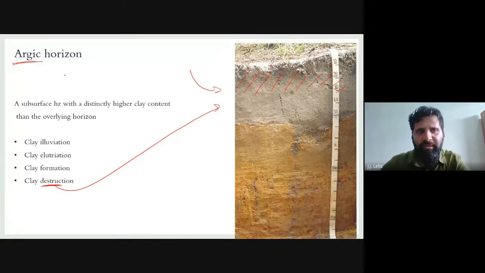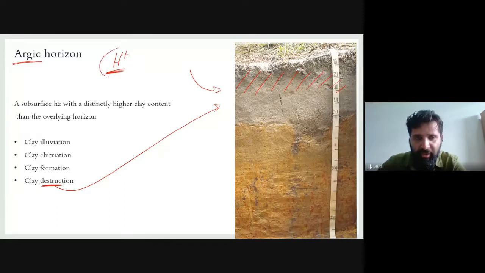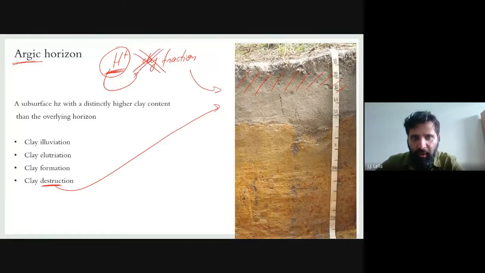How could we see the clay destruction in the surface horizon? It's very common in some areas, but they should present an acidic pH, a very low pH. In this case, the hydrogen, which is very abundant because we have an acidic pH, starts to dissolve and destroy the clay fraction in the surface, because the low pH destroys clay.